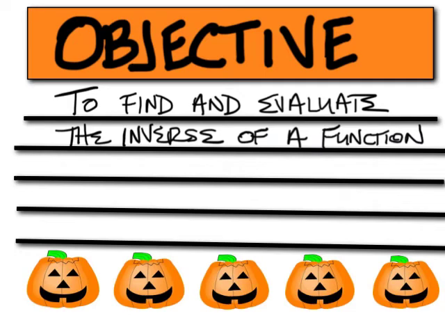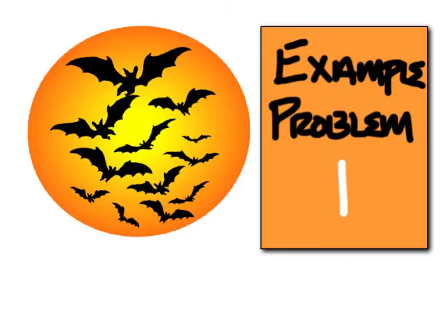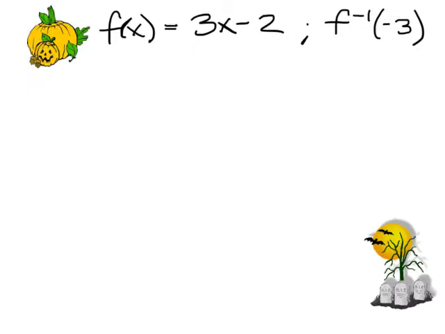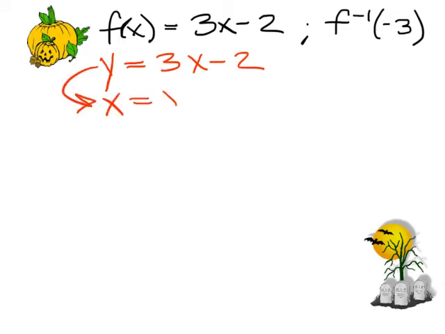Objective today is to find and evaluate the inverse of a function. Example 1. f of x equals 3x minus 2, and then we have to find the inverse of f of x and evaluate for negative 3. So you're going to have y equals 3x minus 2, and then interchange x and y.